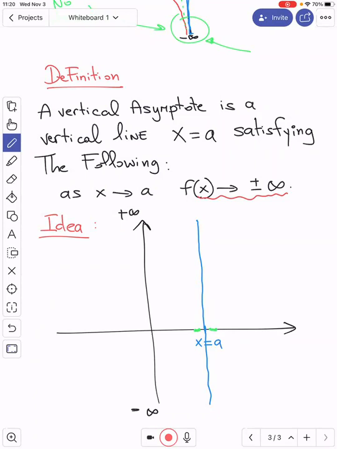The corresponding outputs are going to approach positive or negative infinity. So the graph is going to look like this here, or at negative infinity, something like this here.